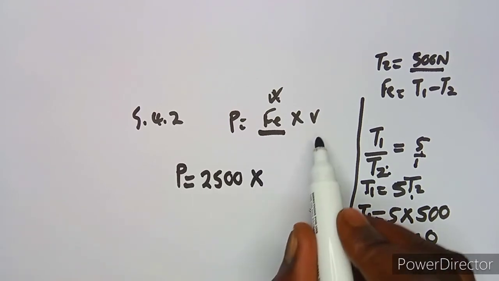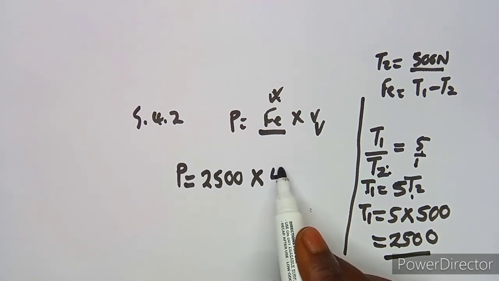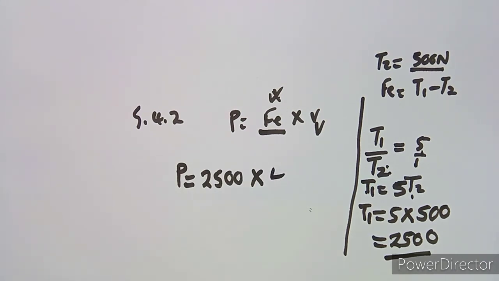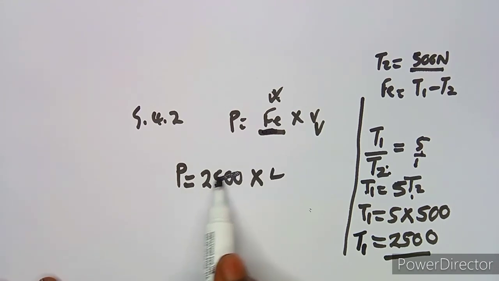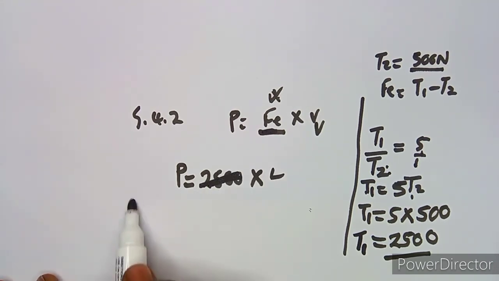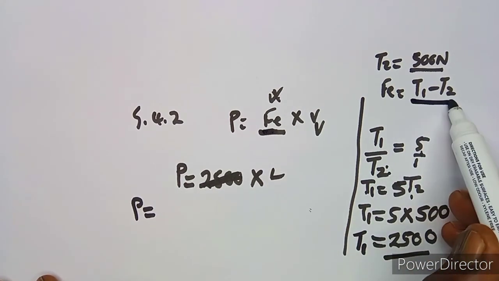Then we can multiply by the velocity, the one that we just calculated, which was 47 comma something. That was our velocity. Guys, we just calculated T1, not the effective. We want the effective, sorry for that. So the P there is going to be, we need the effective, which is T1 minus T2.